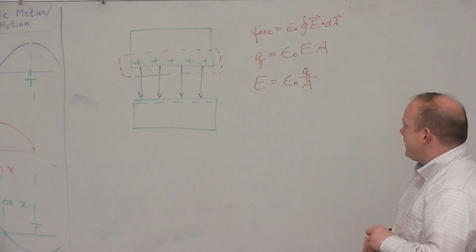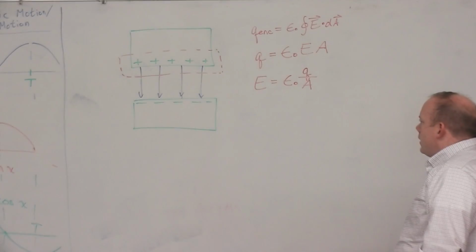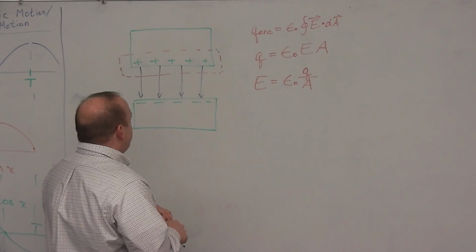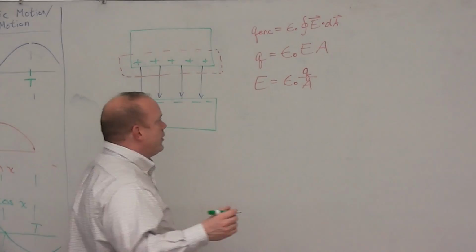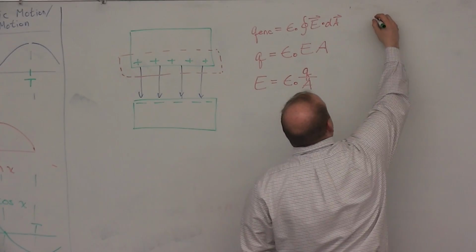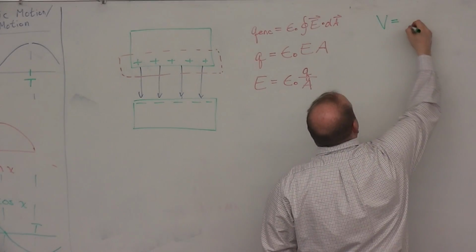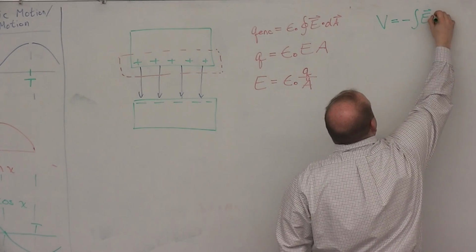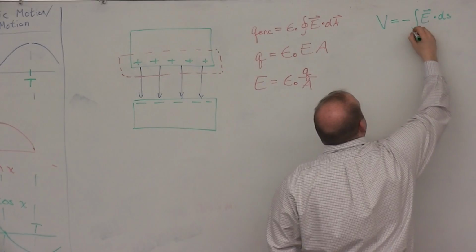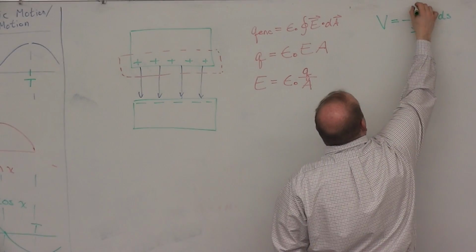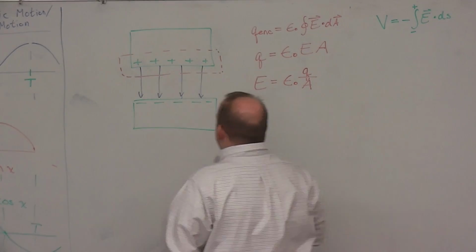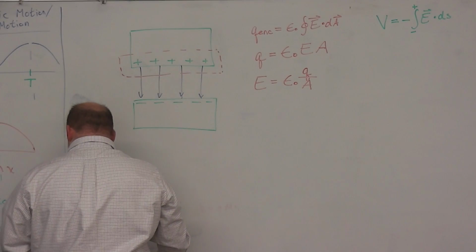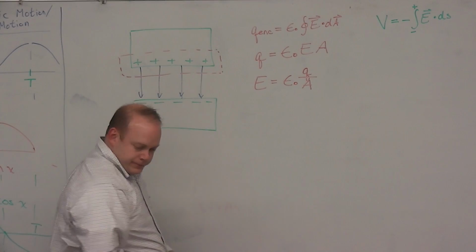Now we have to look at the potential difference between the two plates. And we know that the potential, and instead of calling it delta V, we're just going to call it V, is equal to negative integral of E dot ds. We're going to go from the negative plate to the positive.